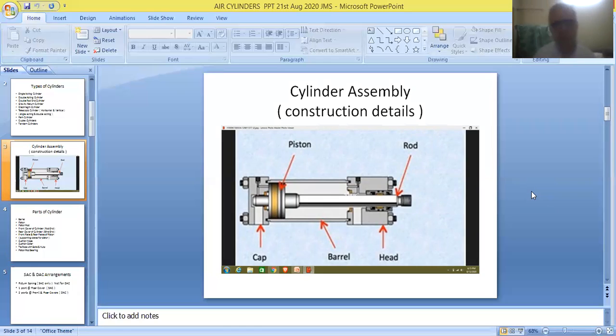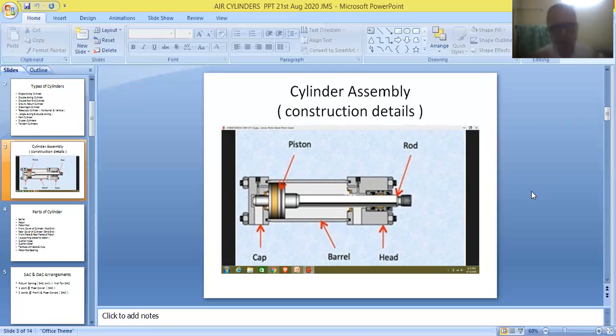So friends, this is the arrangement which indicates the construction of the cylinder. All the details are given in this diagram. Here we can see the main component, called a barrel, and generally this barrel itself is called a cylinder.